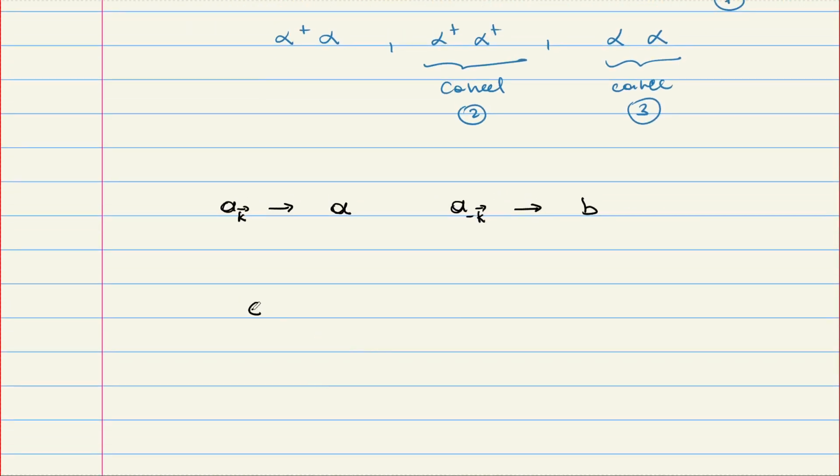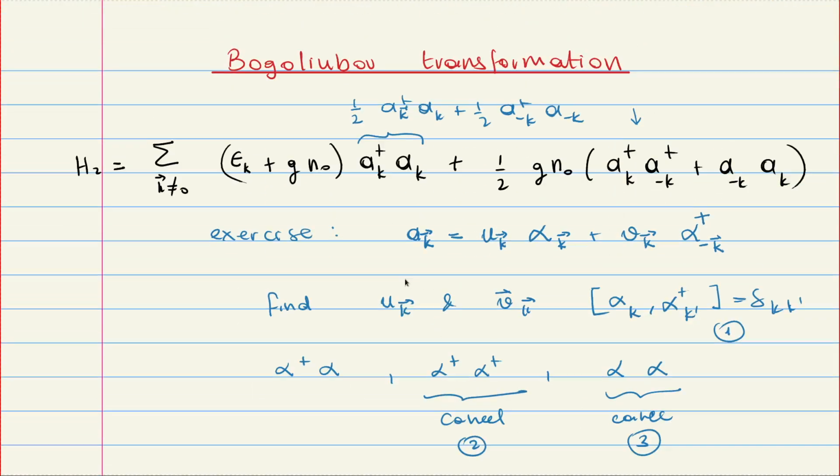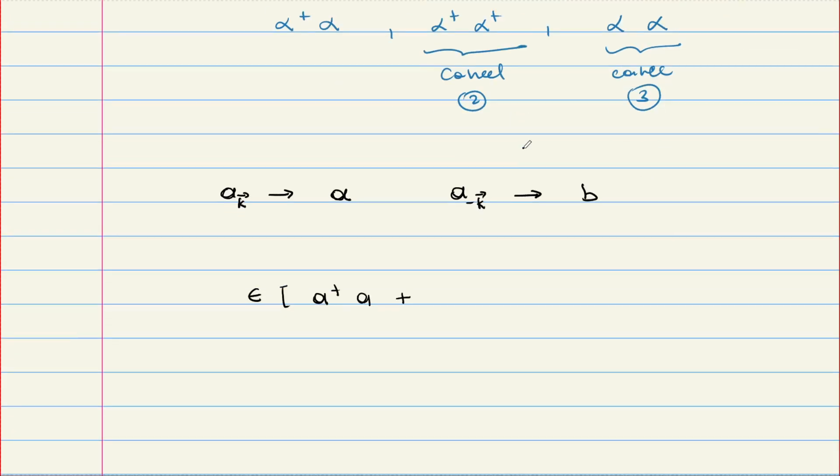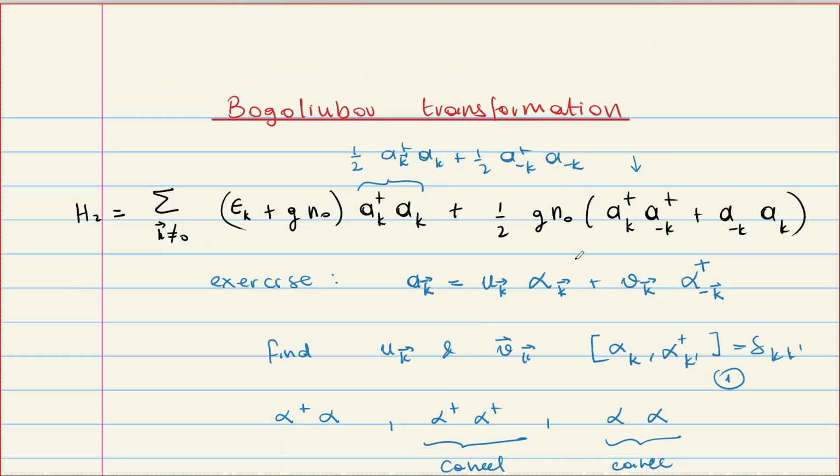So epsilon times A dagger A plus B dagger B, because I called A_{-k} B, so this is B dagger B, plus something like delta. I can also take the 1/2 in front, and I don't have to worry about it.